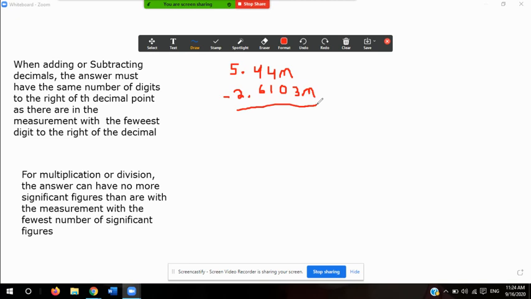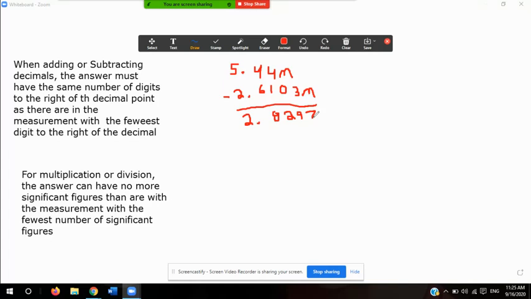What you would do is subtract 5.44 minus 2.6103, and you get 2.8297.